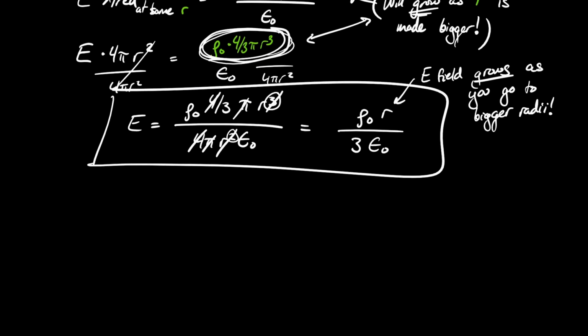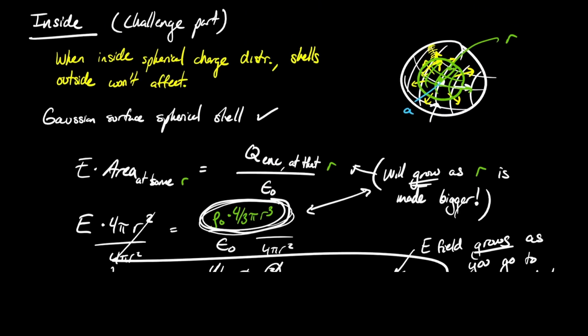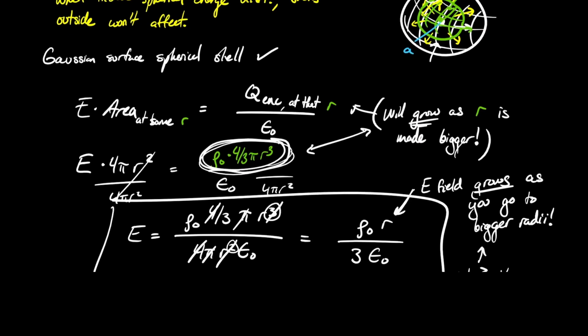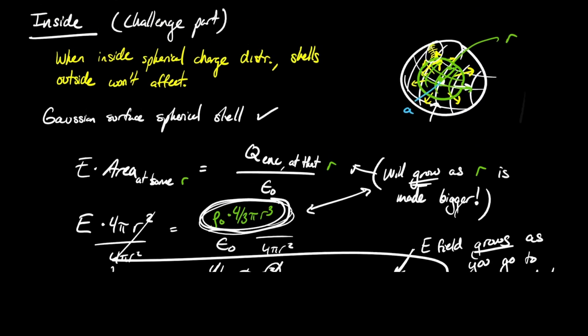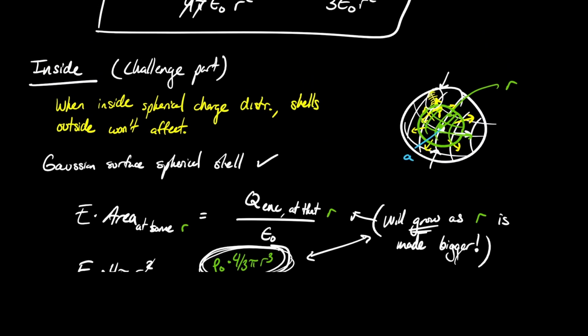Now, why is this? We're always used to seeing things fall off as you get further away from the source charge. The reason is that, remember how I said these shells out here don't contribute? And by the way, this isn't the most important thing. It's just an explanation for why it's okay that the electric field gets stronger as we get further from the center. Shells outside of where you are don't contribute to pushes of the electric field.